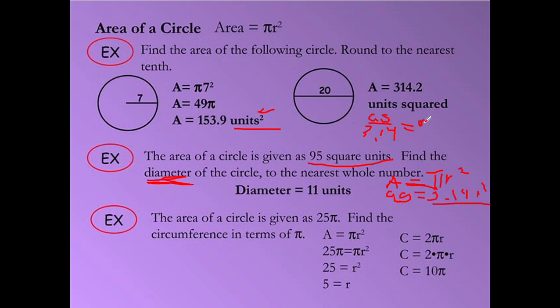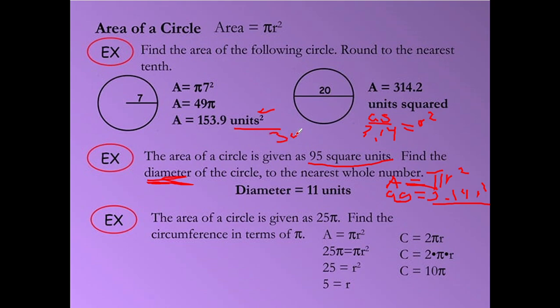To remove that, we divide. 95 divided by 3.14, the answer is 30.25. So, r squared, we now take the square root of r. So, 95 divided by 3.14, our answer is 30.25.